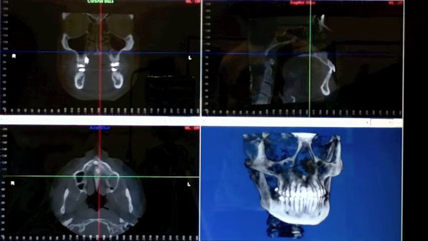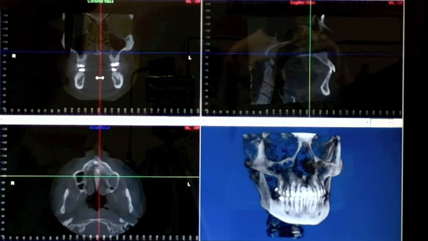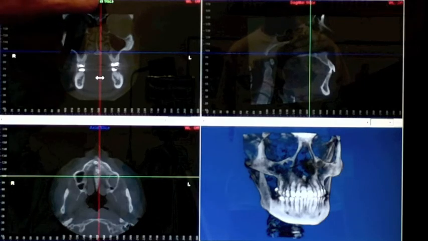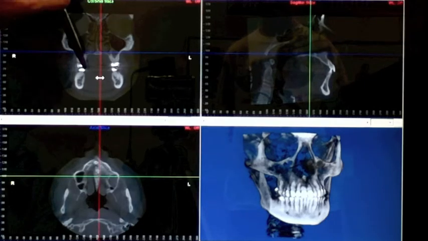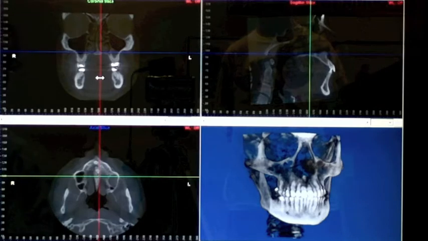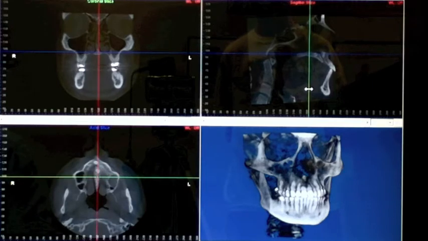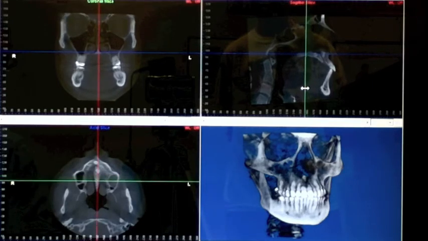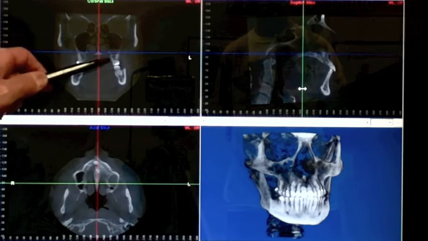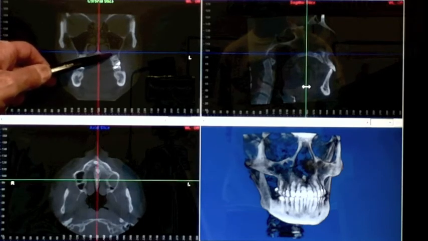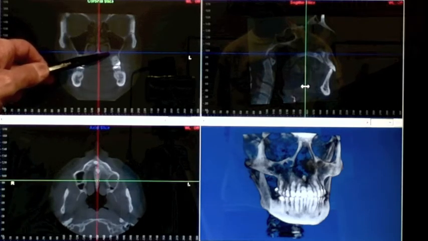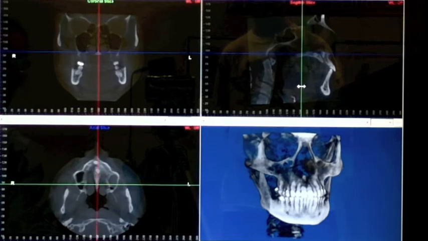We're also looking at the angle of the upper molar to see whether it's leaning to the labial or to the lingual, and that helps us determine some ability to expand. As we go through this coronal slice, we get a very good view of the maxillary sinus, showing that there is in fact some pathology within that sinus.